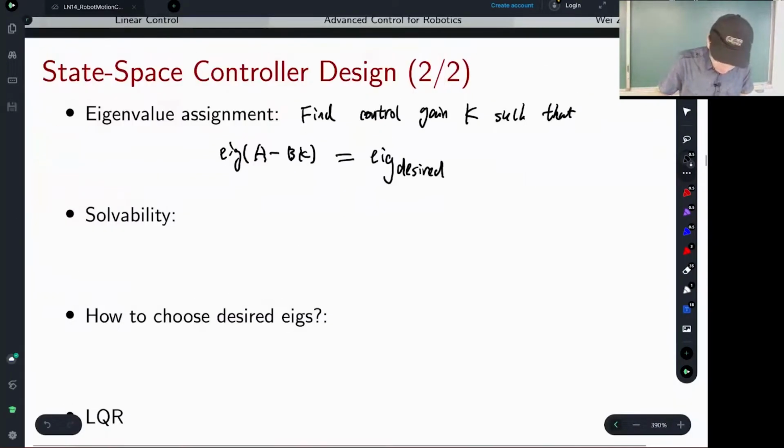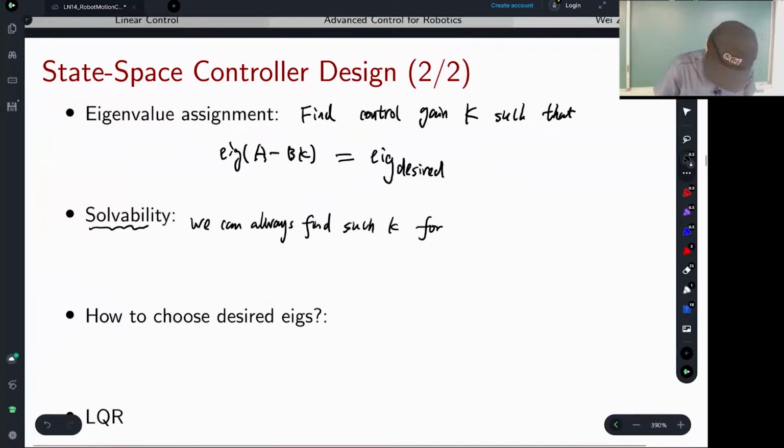When can this problem be solved? Solvability of this problem: let's say we can always find such K for any given desired eigenvalues if the A and B pair is controllable.